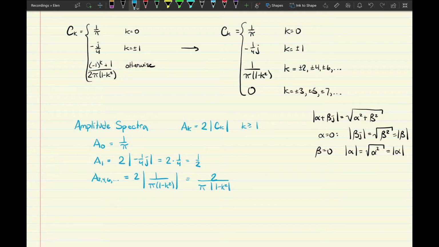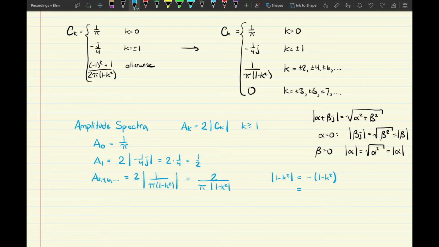Now, remember, k is a number 2, 4, 6, or any even number, and 1 minus k squared is always going to be negative. So the absolute value of 1 minus k squared is simply the negation of 1 minus k squared, and that will make sure that this ends up as a positive value. If we have the absolute value of a negative number, then the absolute value simply negates it and makes it a positive number.